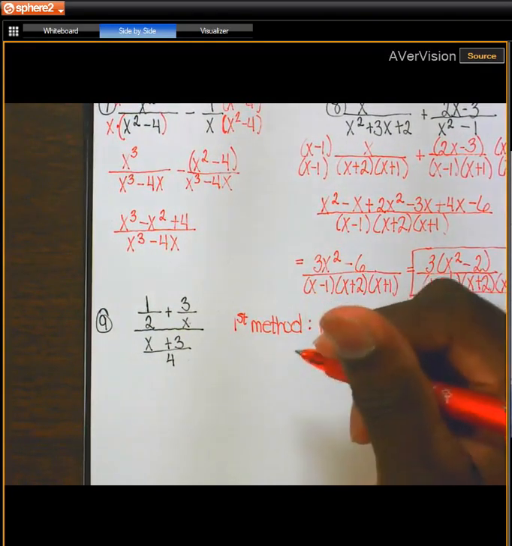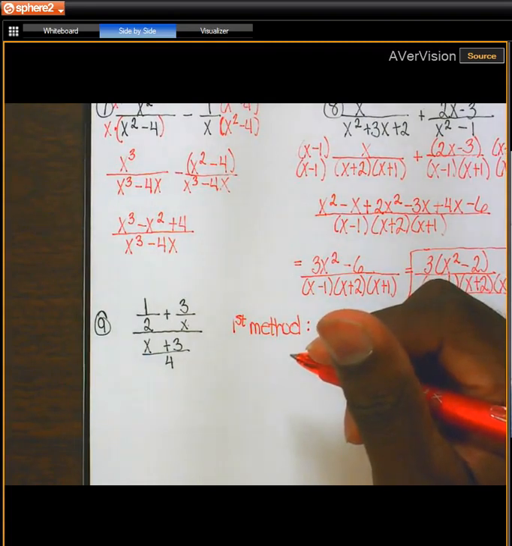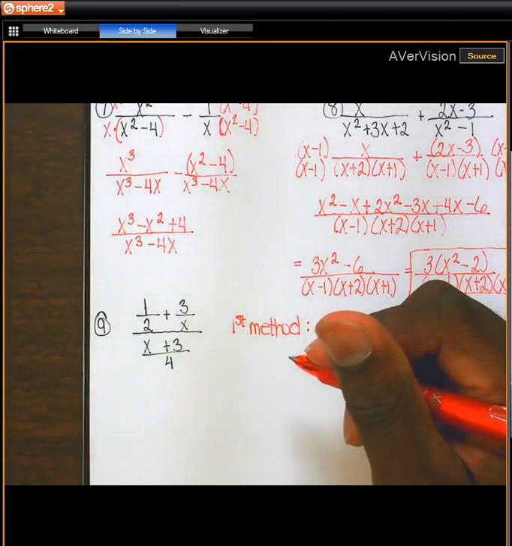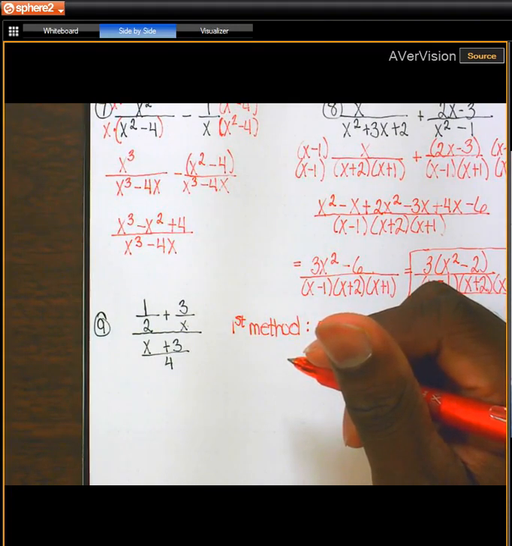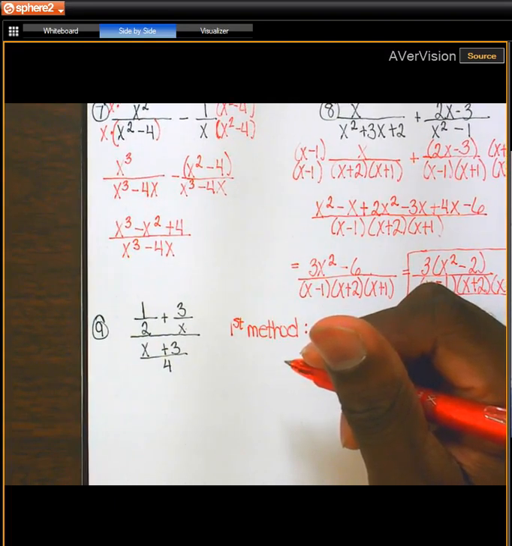Any idea on how to do that? What are you multiplying by? Yes, you do multiply, but by what?